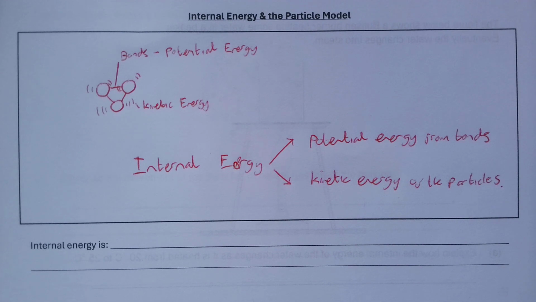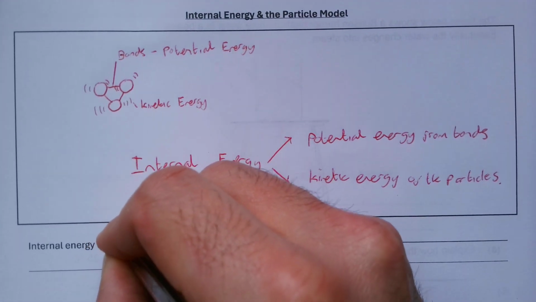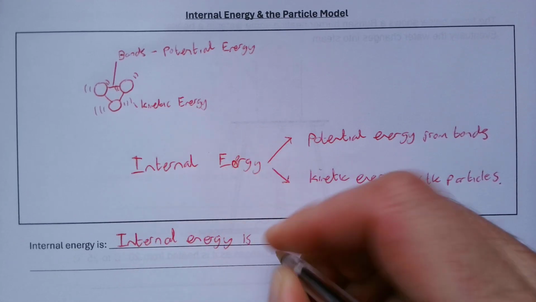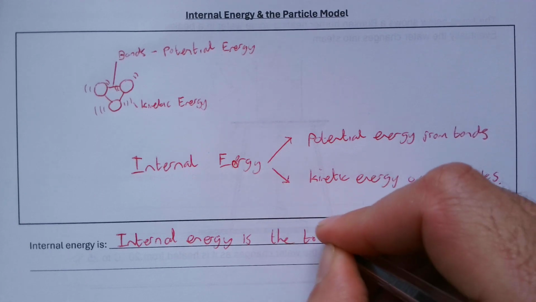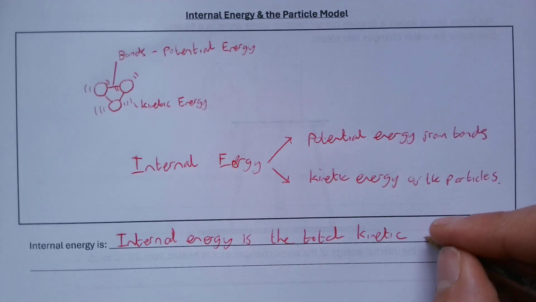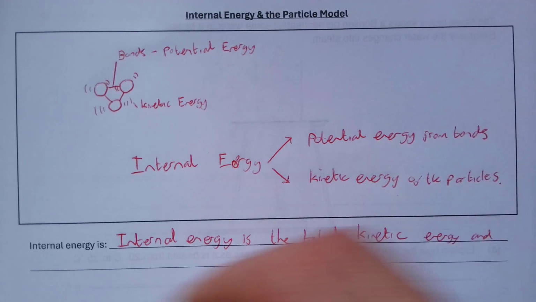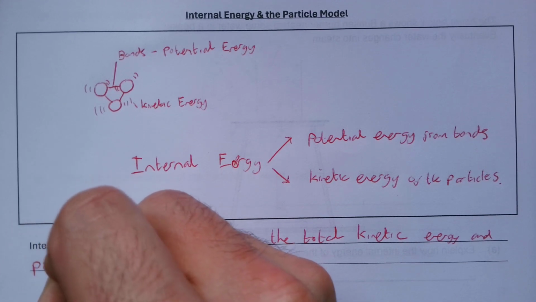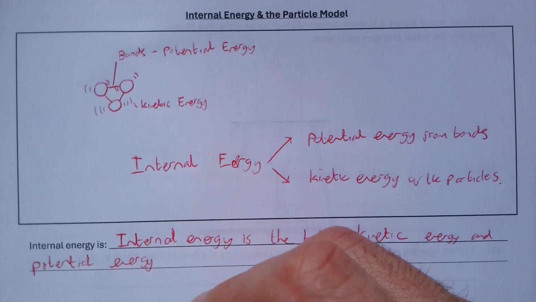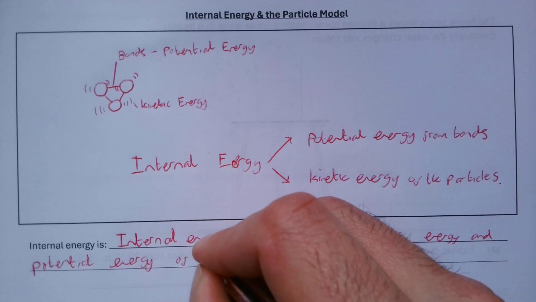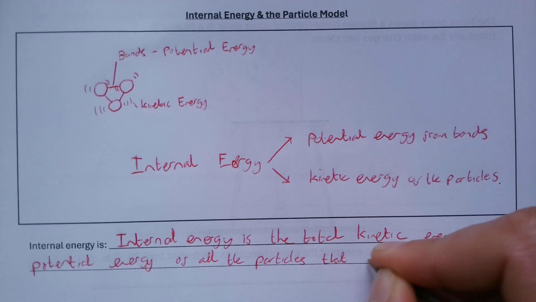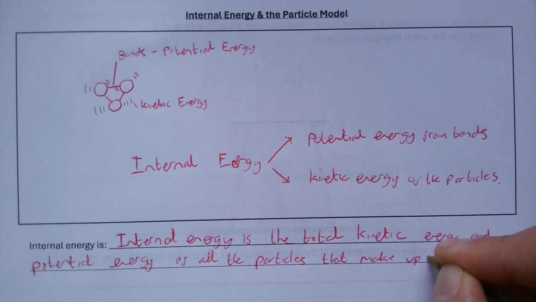So a good definition would be: internal energy is the total kinetic energy and potential energy of all the particles that make up a substance.